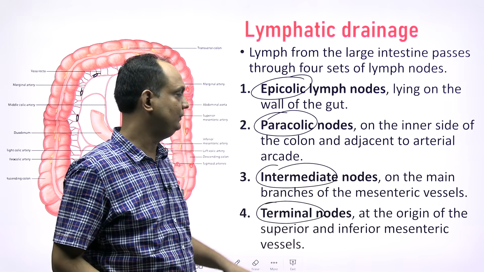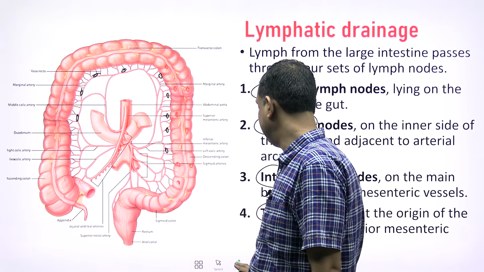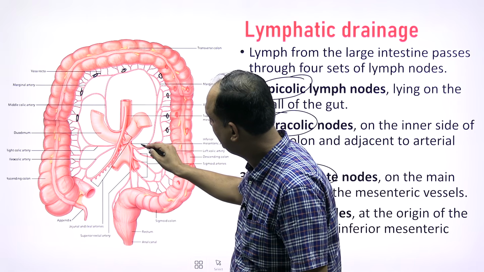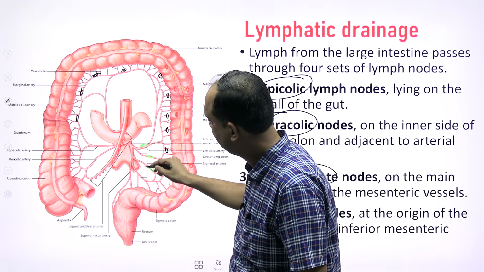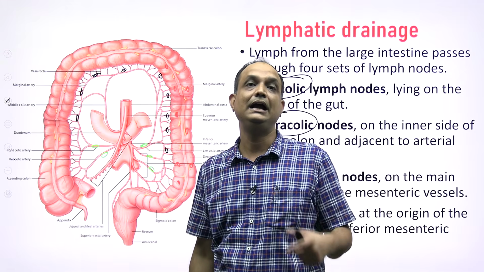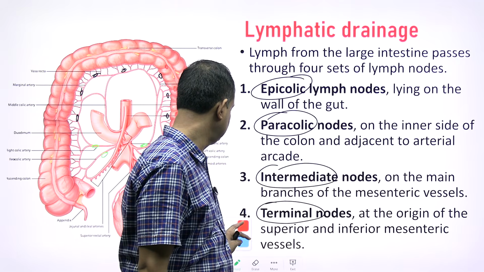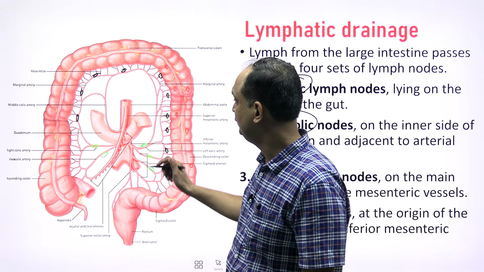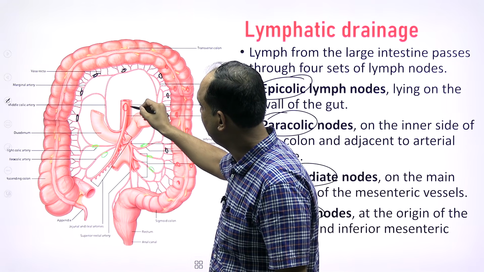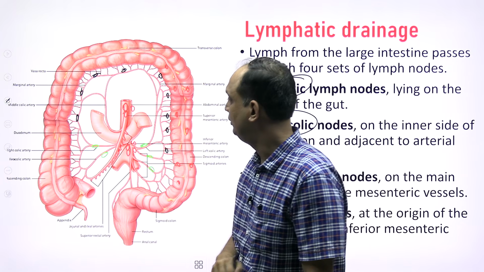Now, intermediate lymph nodes are present along the branches of mesenteric vessels. That means they are present along the colic arteries, which are the branches of your mesenteric blood vessels. And the last are the terminal lymph nodes, present at the point of origin of your superior and inferior mesenteric artery, around the abdominal aorta.